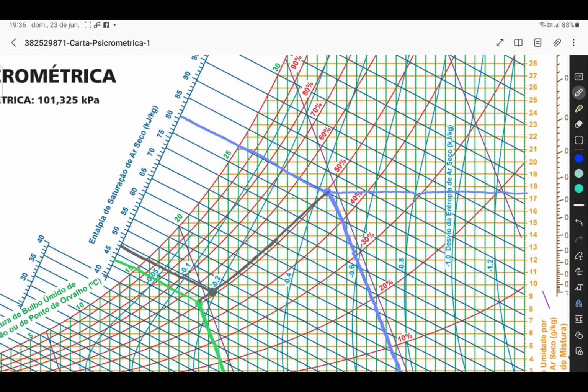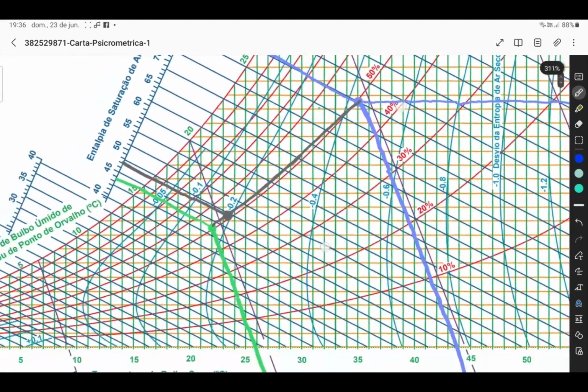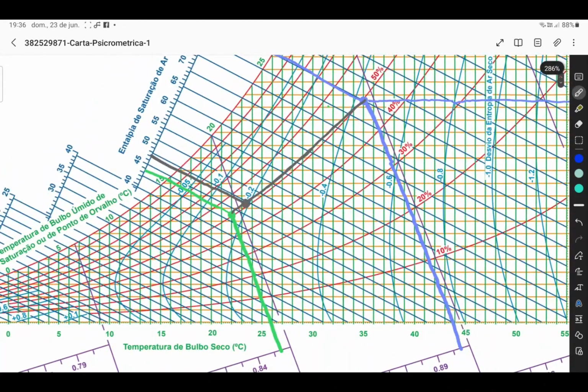It will be this air from the mixture that will enter our coil. So, what are the conditions of my air in my mixture? Let's see what its temperature is. The dry bulb temperature will be 21, 22, 23, 23.6 degrees. So let's go.